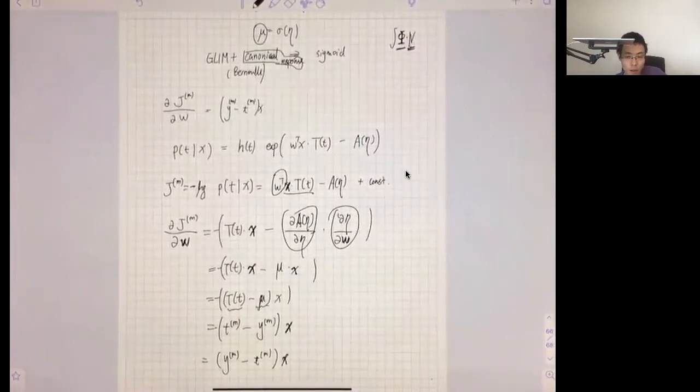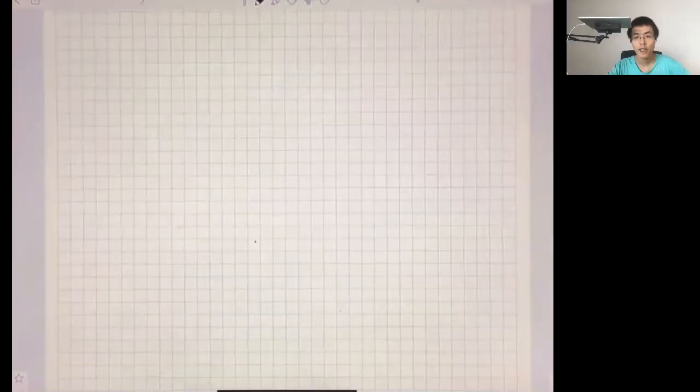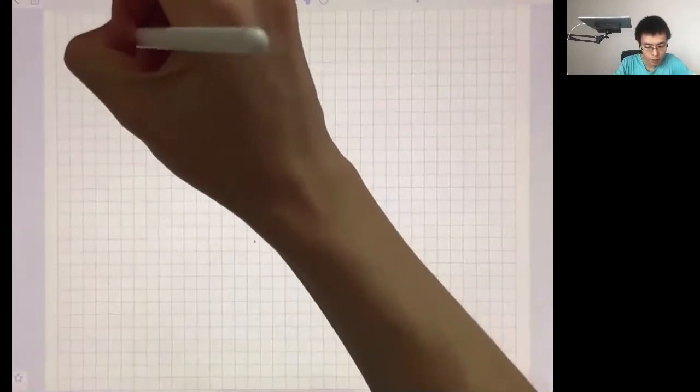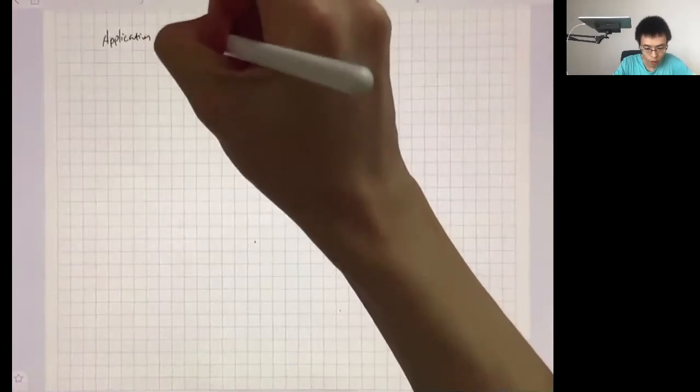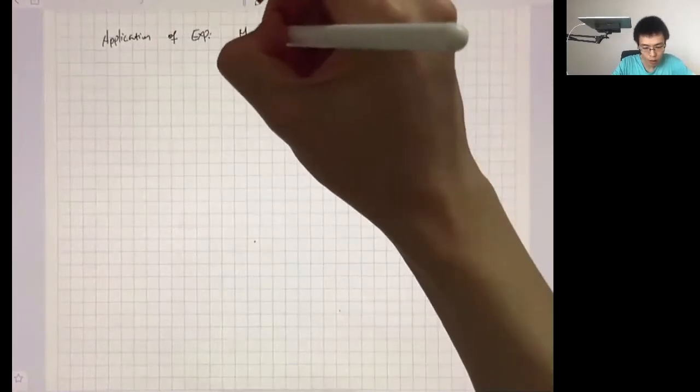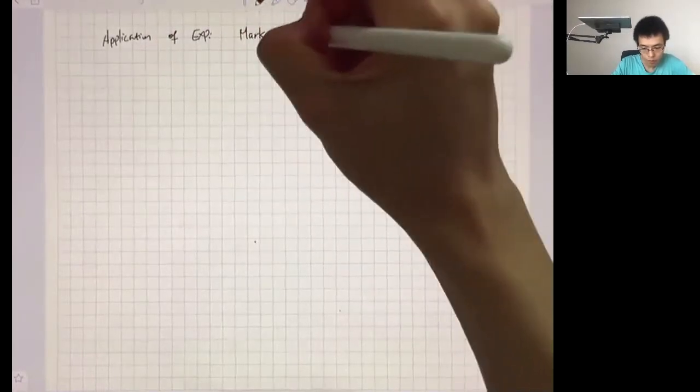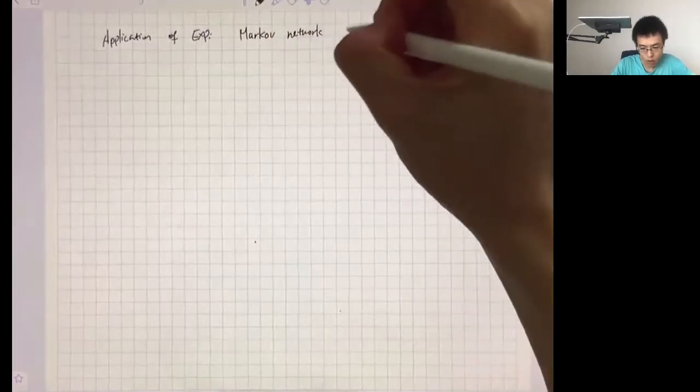So this almost finishes our discussion of the generalized linear model. I decided to include another topic for this lecture, which is an application for exponential family. In particular, we're going to talk about the Markov network, or the Markov random field.